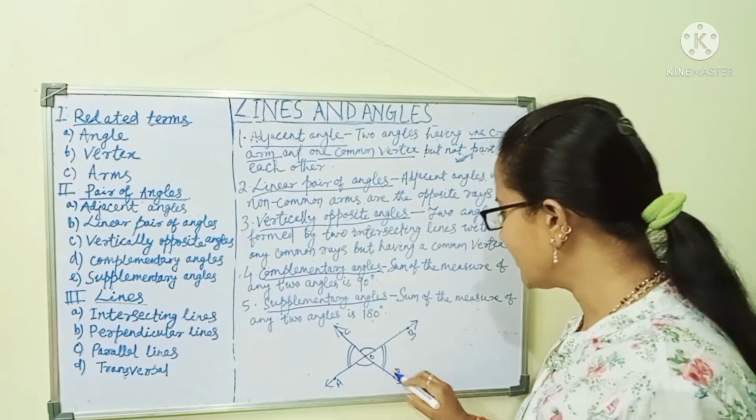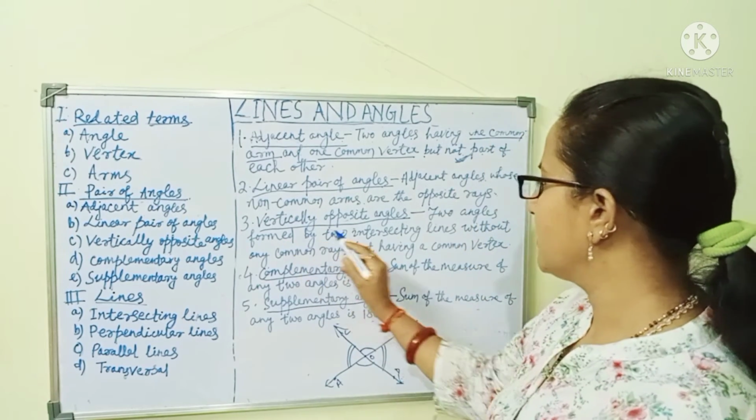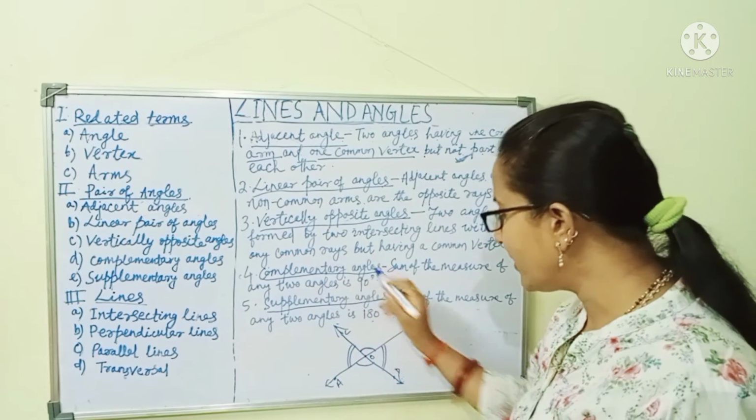Two angles are formed by two intersecting lines without any common rays.